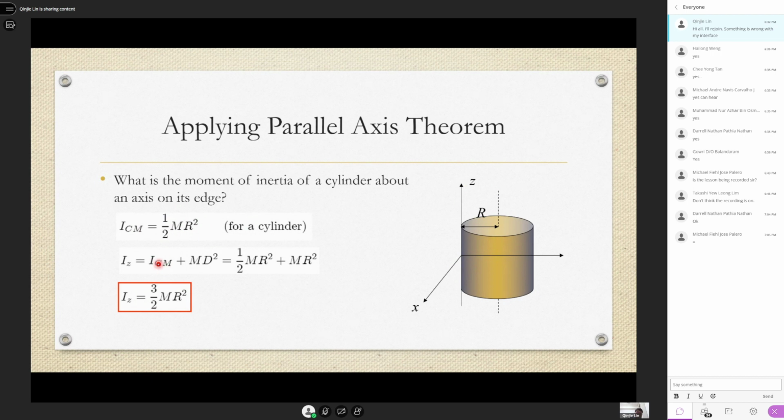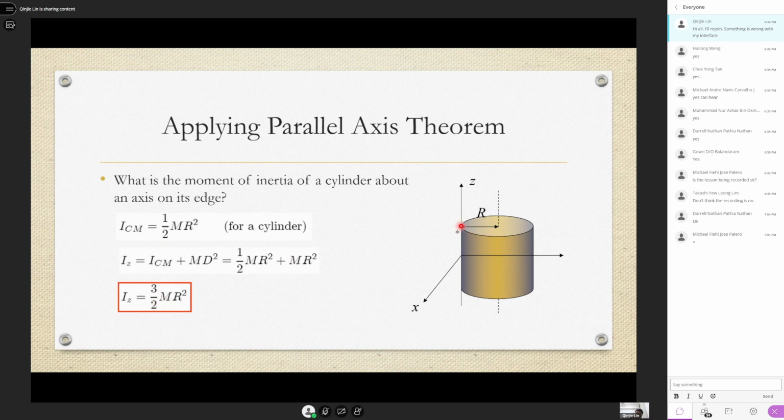We take the original one plus md squared. The original one is half mr squared, then you add another md squared. What is the d here? It's your radius, because the distance from the original axis to the new one is r. That's why plus mr squared. If you add this together, you get 3/2 mr squared.